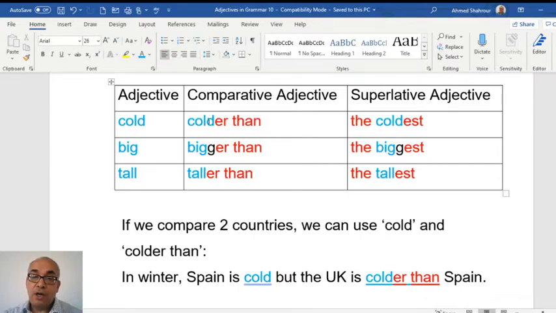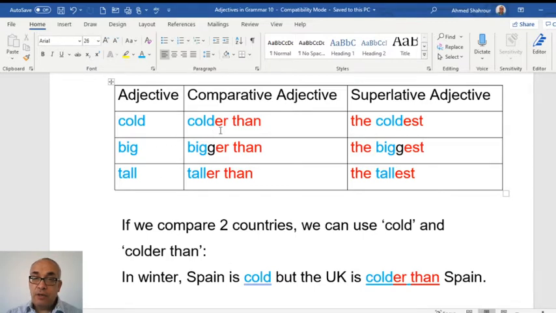So the adjectives are in blue and anything in red we have to add to the adjective. Cold is the adjective, colder than is the comparative adjective, the coldest is the superlative adjective. So look at the red.